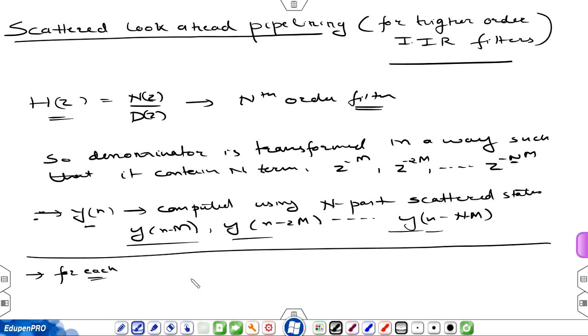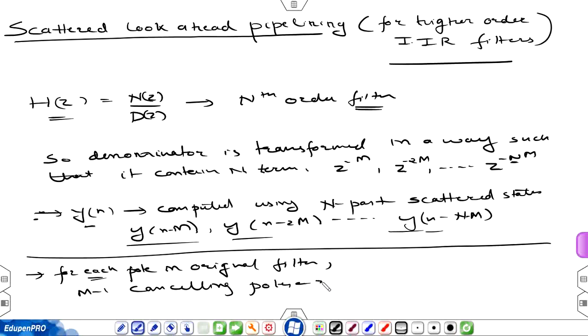These cancelling poles and zeros are introduced with equal angular spacing.